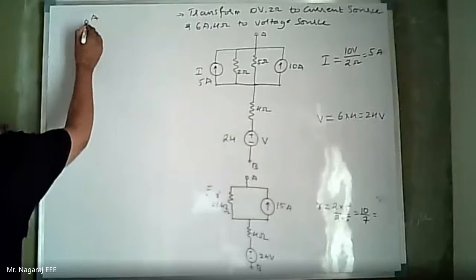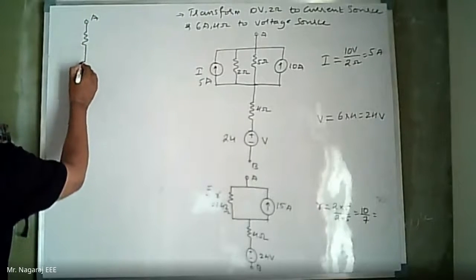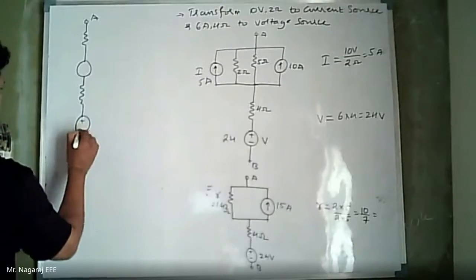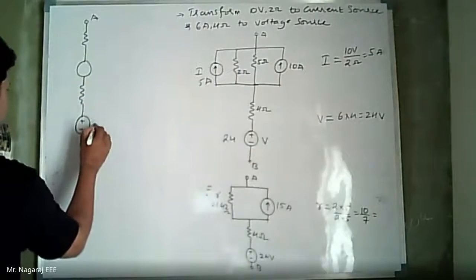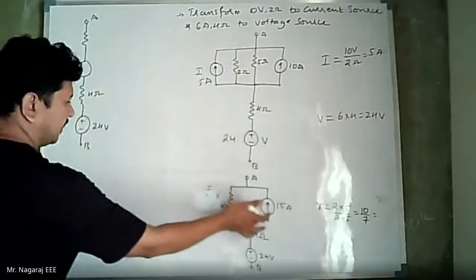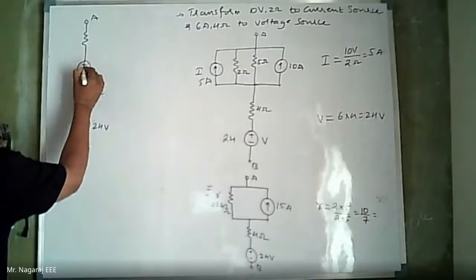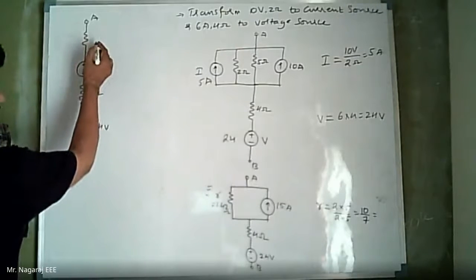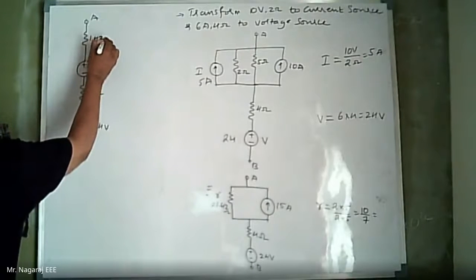This is terminal A, B. This is 24 volts and 4 ohms. The direction of current is upward, so therefore positive sign will be upwards. And resistance is 1.42 ohms.